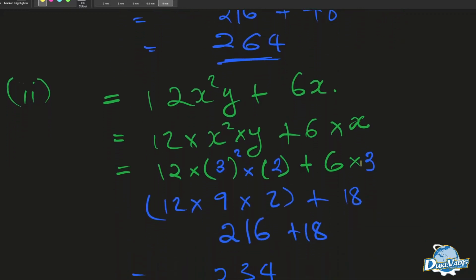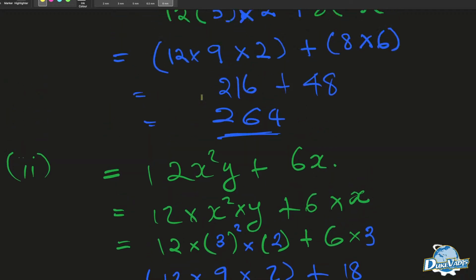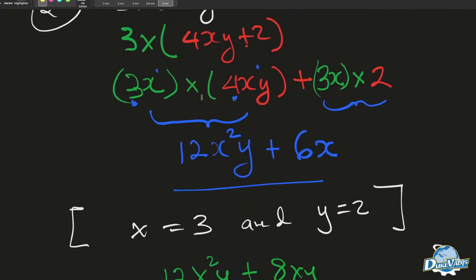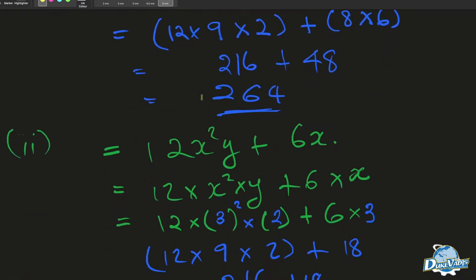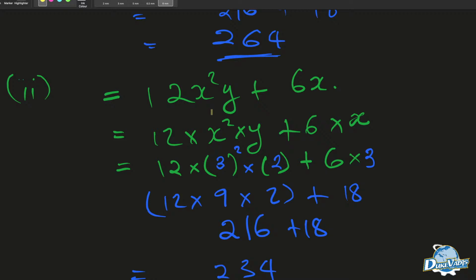Now, with the second one, we had 12x squared y plus 6x. Let's check it again. 12x squared y plus 6x. We did a similar substitution. We know that this is the same as 12 multiplying x squared multiplying y. Okay, then a 6 multiplying x.